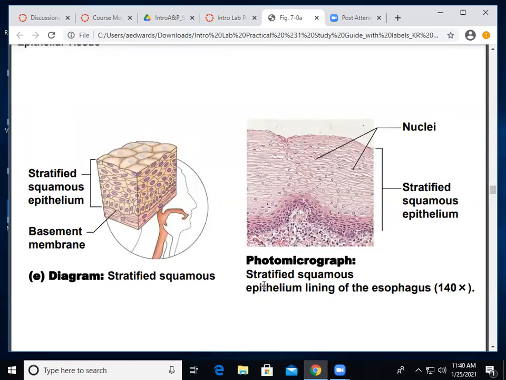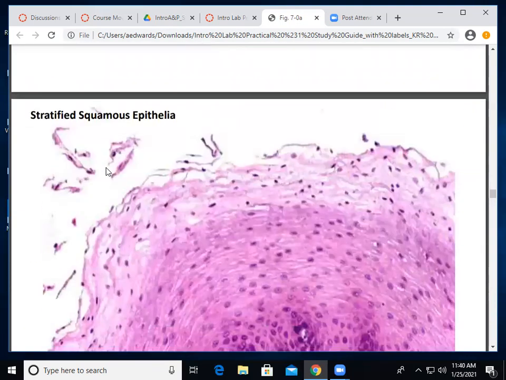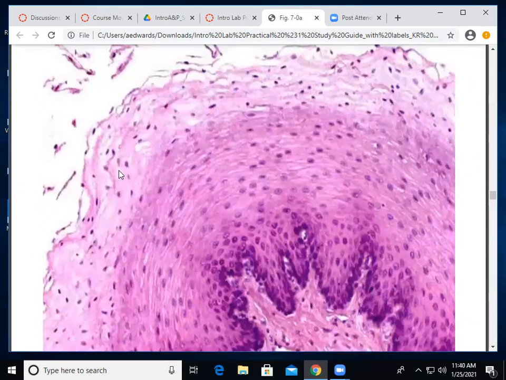It's stratified squamous. You are going to have to look at slides on the practical and figure out what things are. I don't want you to try to memorize it all. I want you to look at it and try to tell what things are, so you don't have to remember so much. Here's another example. Multiple layers of flat cells, stratified squamous.